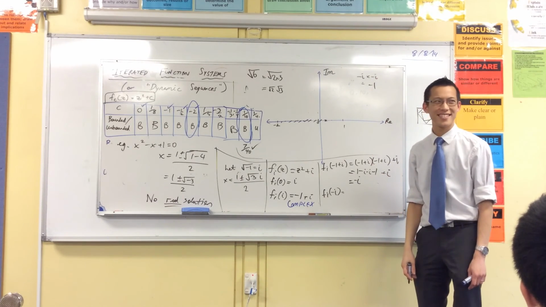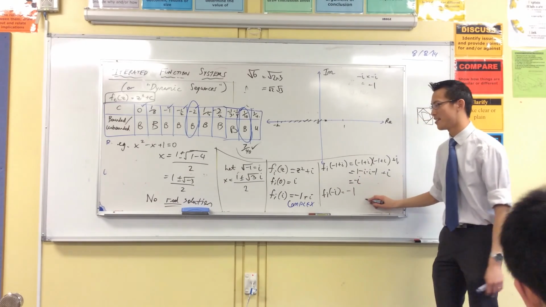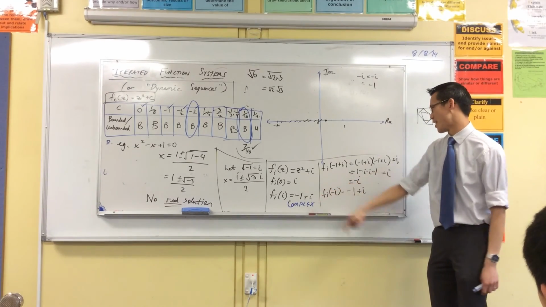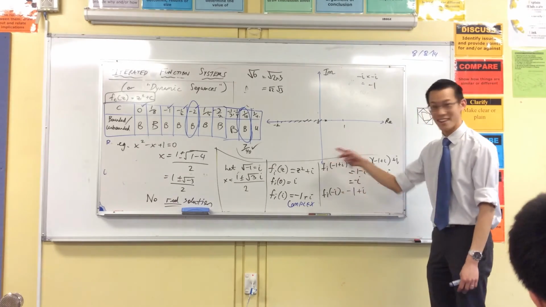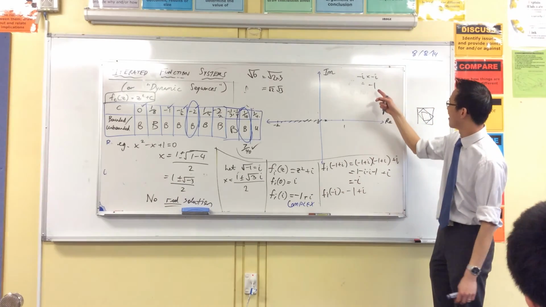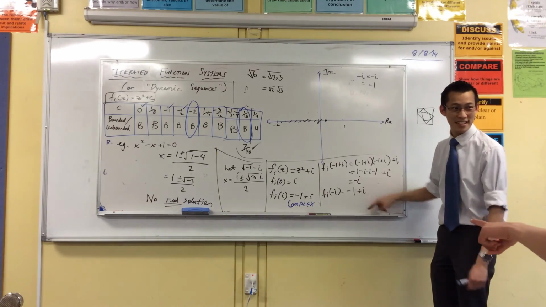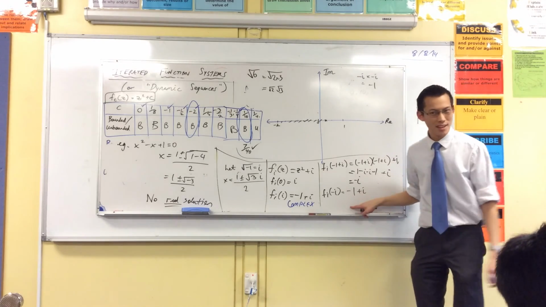Careful, careful. So then I've got negative 1 plus i. There you go. Negative 1 plus i, that's my z squared. It's the same, so, all right.